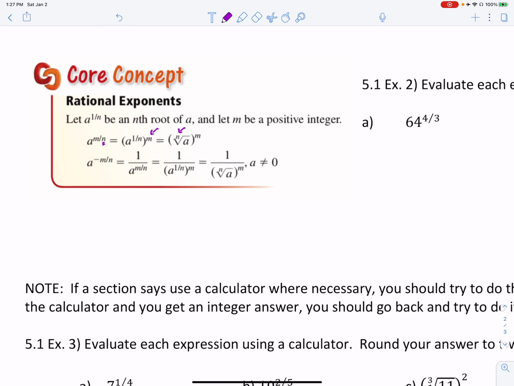That is your nth root of a raised to the m. If that exponent is negative, you can drop it to the denominator and it will change in sign. And then we can apply the same two properties that were originally shown, as long as a is not 0, so you are not dividing by 0.